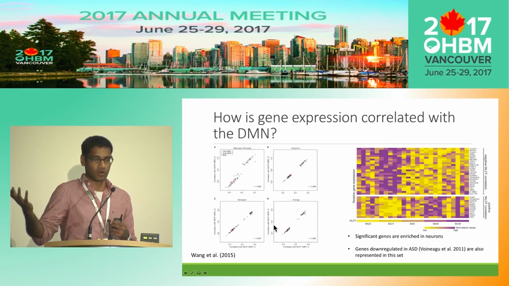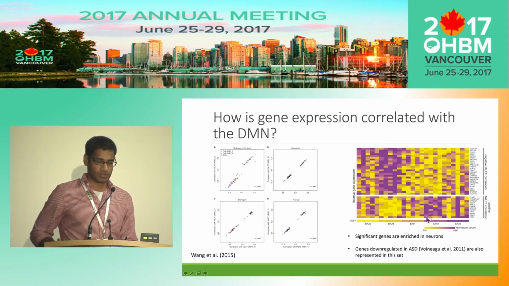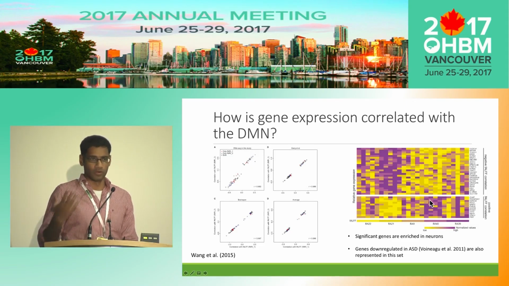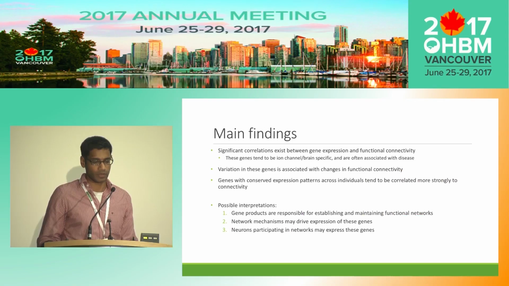You can see that genes with high correlation in one tend to have high correlation in the other and vice versa. And this is a list, again, of the genes that they found with the highest correlations. They're neuronal related. Some of them are implicated in brain-related disease. But again, that's the level of information so far that we can glean from comparing gene expression to connectivity.